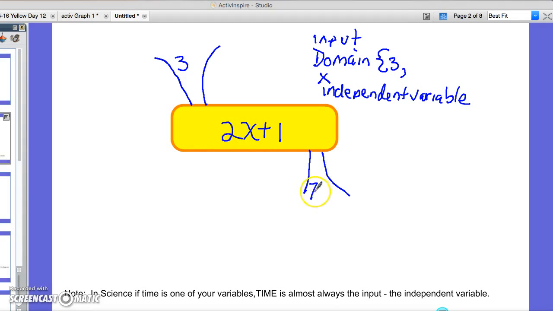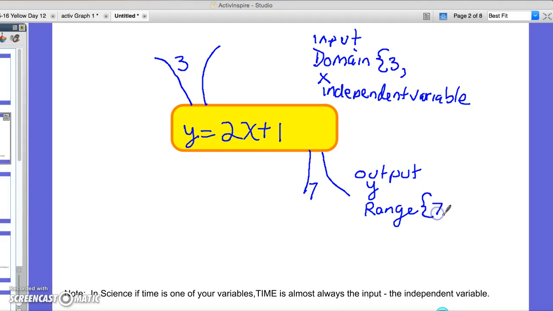And this here, your 7, is what came out of your machine. It is your output. Or if we write this as y equals, then it is the y value. It is an element of the range. And just like the domain is a set, the range is a set.